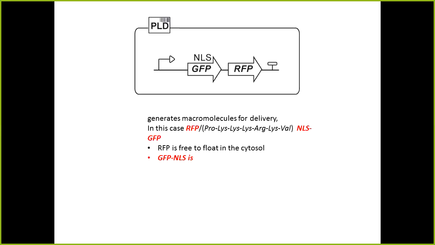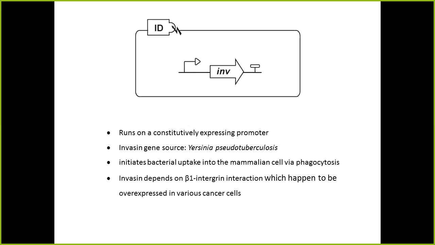The payload device has GFP and RFP. RFP is free to spread around the cell in the cytosol. The GFP binds to something in the nucleus, which was derived from an NLS from a viral system that infects eukaryotic or mammalian systems.